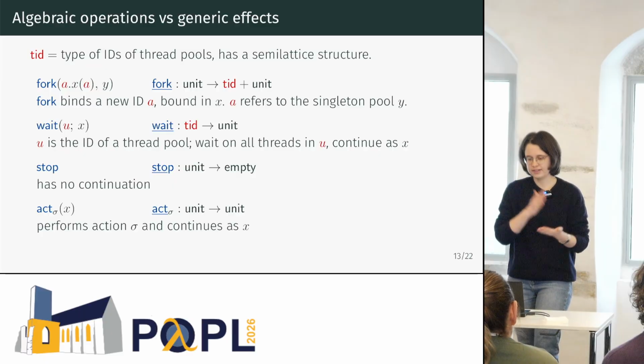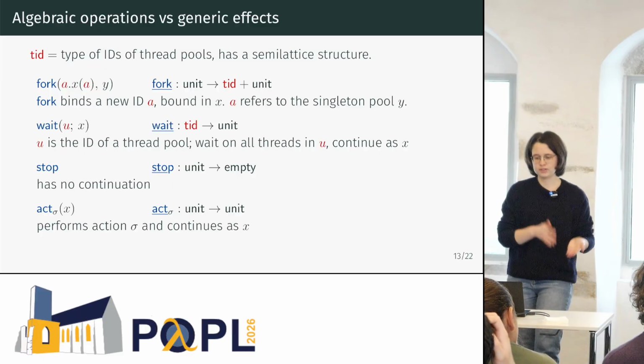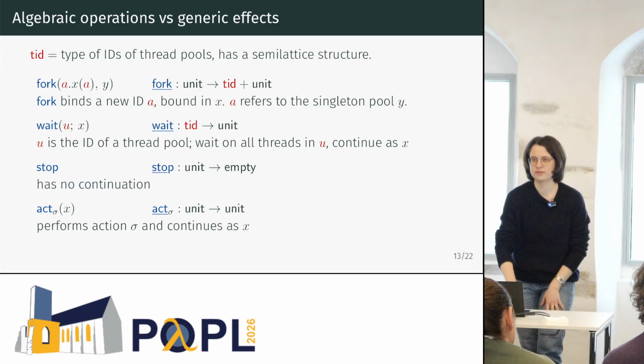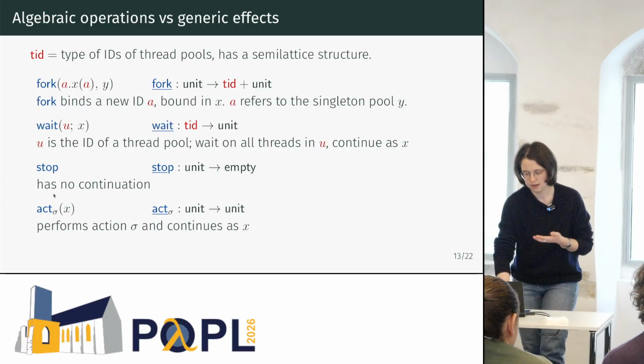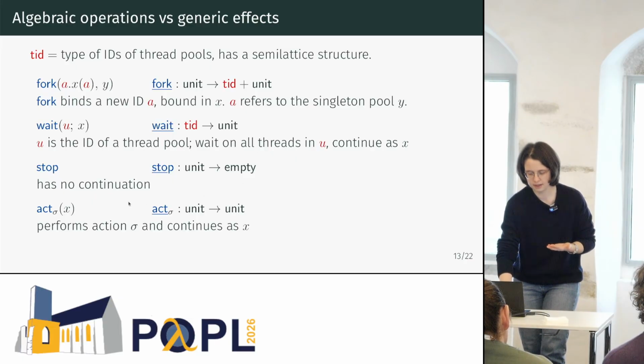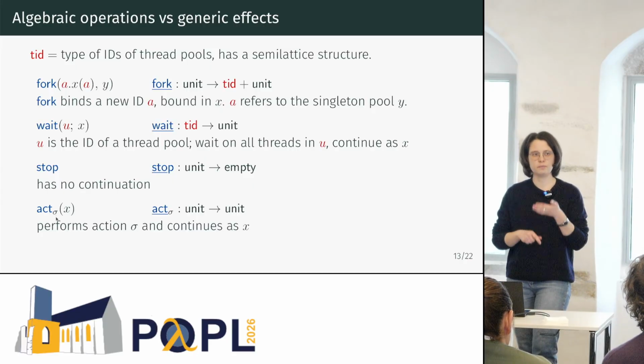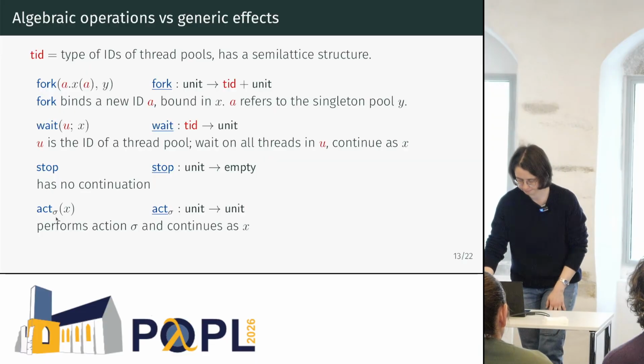And so we can apply this correspondence from generic effect to algebraic operations to all the other operations that I showed you. So wait will wait on all the threads in U to finish, and then it will continue as X. Stop has no continuation because its return type was empty. And act performs action sigma and then continues as X.